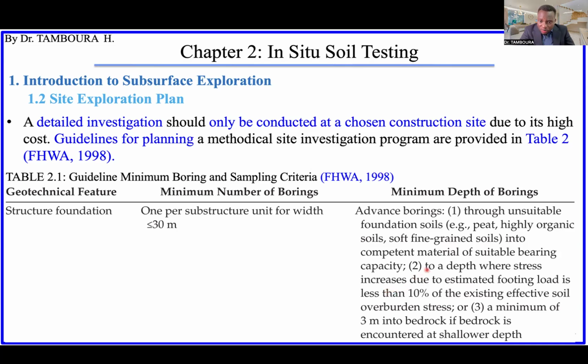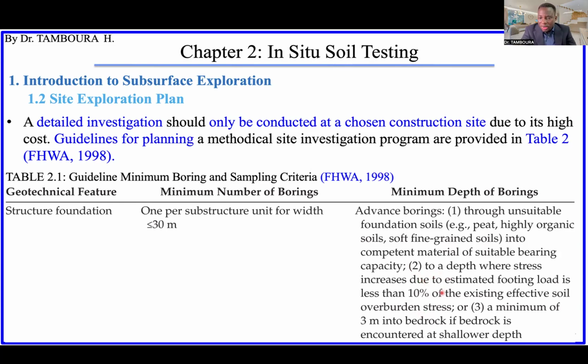So this point is saying you have to go until where this stress is less than 10% of the existing effective soil stress, meaning sigma v prime, unit weight multiplied by the depth.